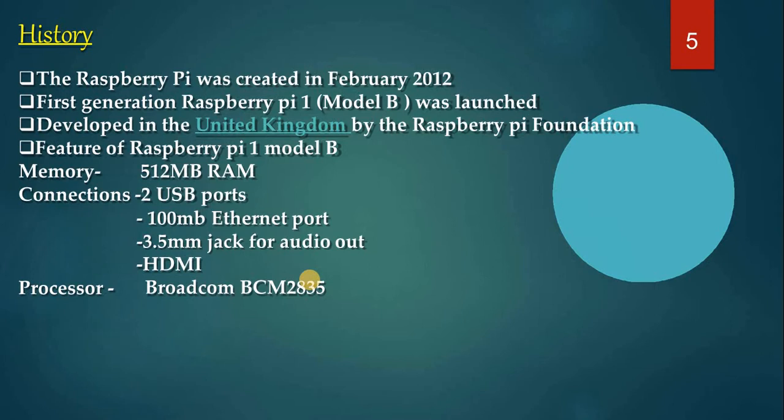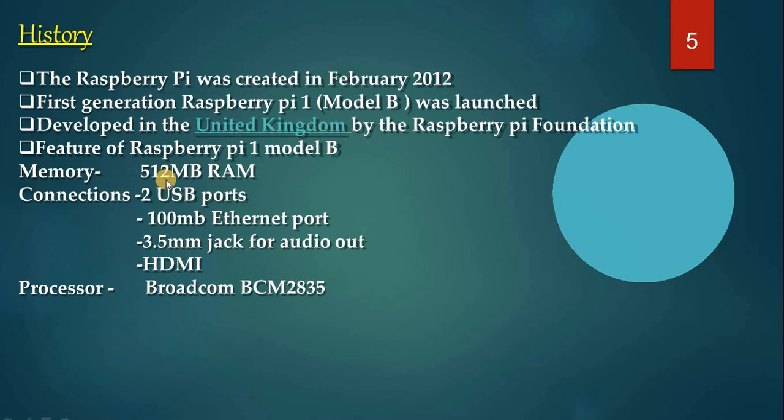History of Raspberry Pi. It was created in February 2012. First generation Raspberry Pi 1 Model B was launched. It was developed in the UK by the Raspberry Pi Foundation. Here is a list of some features of Raspberry Pi 1 Model B. Let's talk about memory.